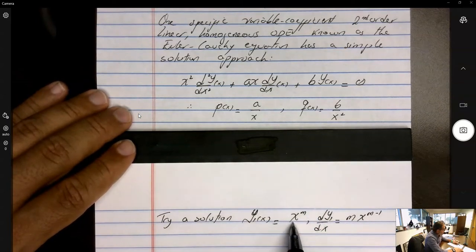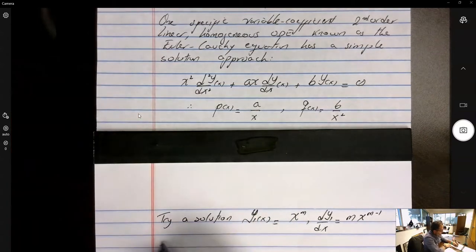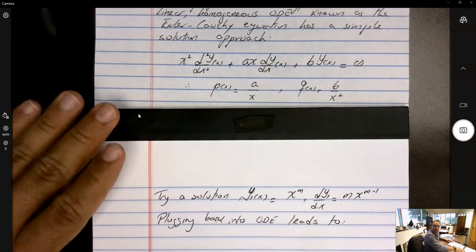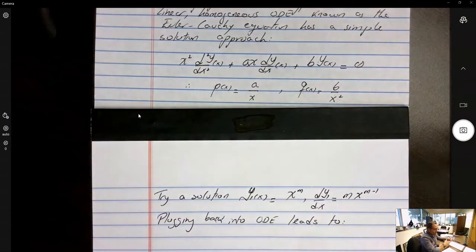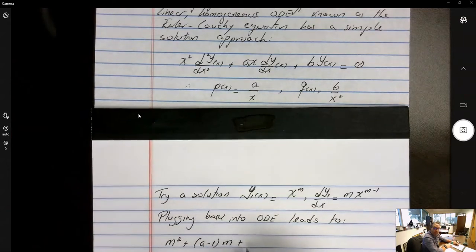But whatever it is, I'm going to attempt a solution of this form, and then I'm going to use these derivatives and plug them back into the differential equation. So plugging back into the ODE leads to, so if we plug these back into the ODE, we'll notice that in order to arrive at a non-trivial solution, we'll get an equation that looks like this, and this is again called an adjoint equation.